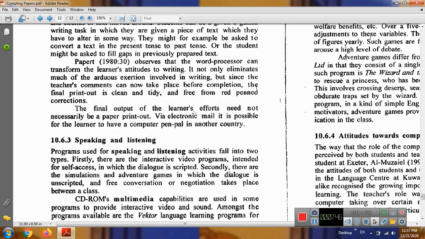The final output of the learner's efforts need not necessarily be a printed paper. Via electronic mail, it is possible for the learner to have a computer pen pal in another country.